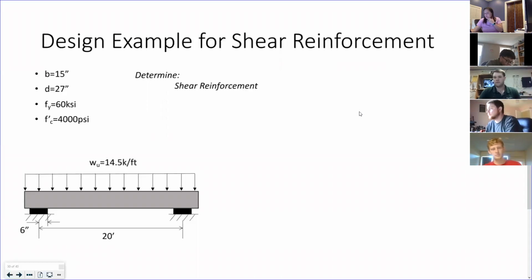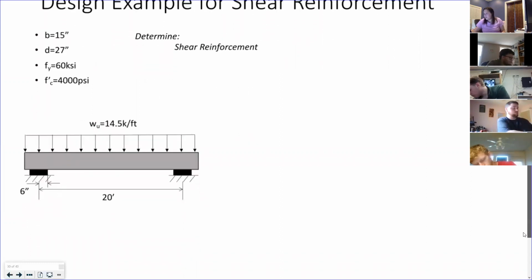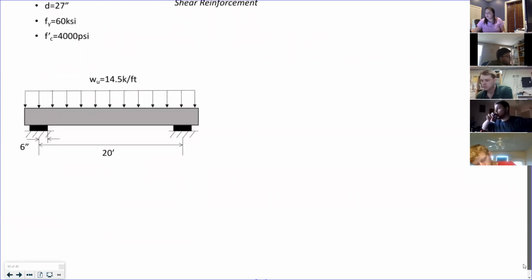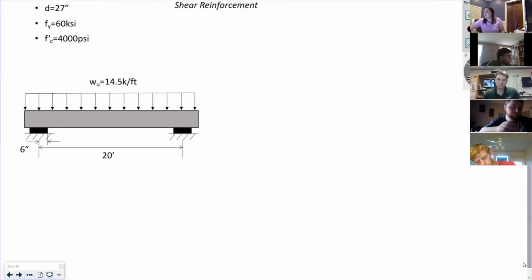If you watched the videos, we talked about how to find the shear that you need to design for, and then how to design for the shear. So finally, all that stuff we learned, shear moment diagrams, here's one place where it comes to matter.